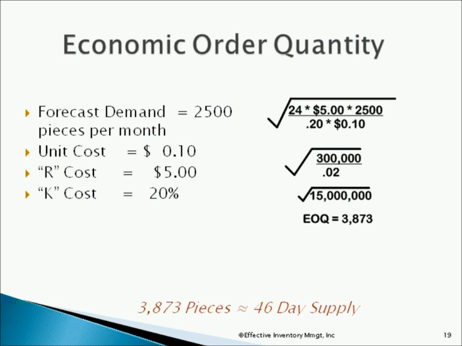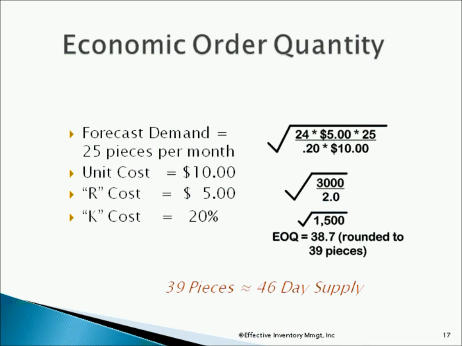In that first example, I had a forecast demand of 25 pieces and a unit cost of $10. $250 again, moving through my inventory per month. Okay? $250 moving through inventory, moving through my warehouse per month. I am going to buy a 46-day supply.